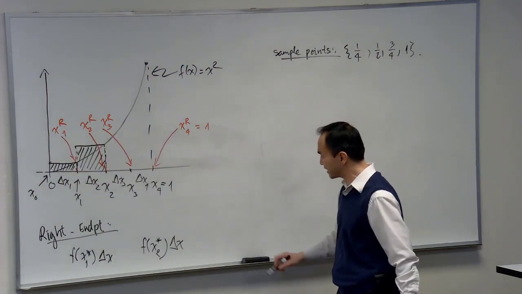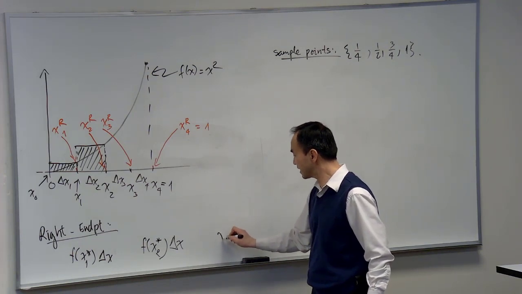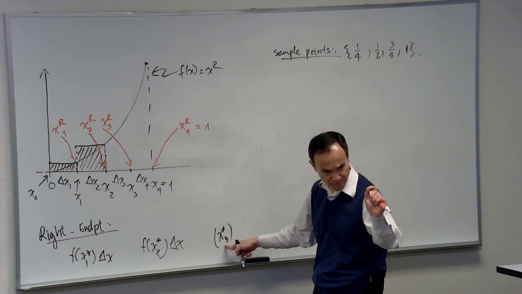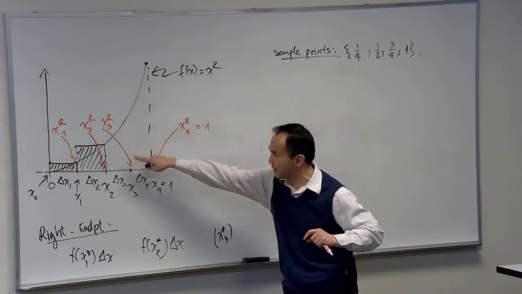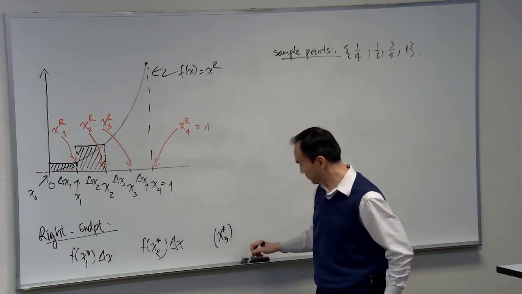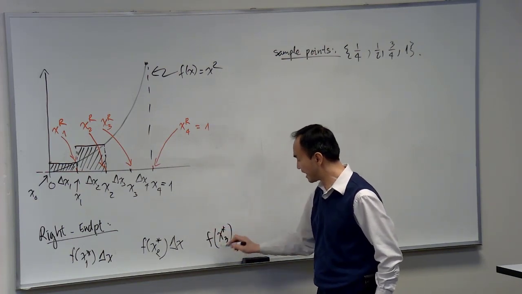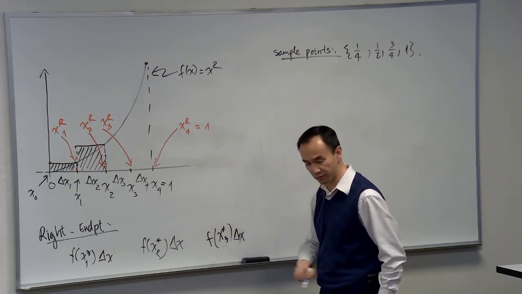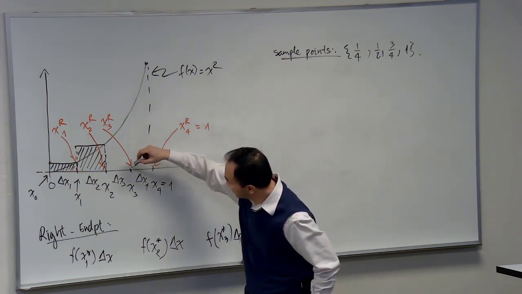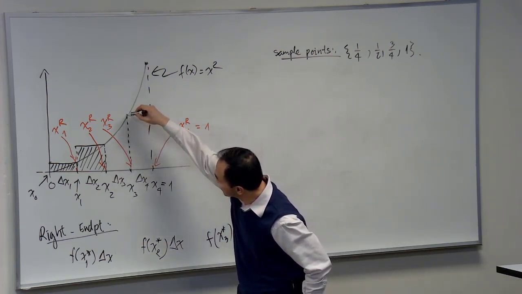And then on the third rectangle, again, x star 3. Keep in mind, it's already the right-hand point under our work right here. So we evaluate that with the function, and multiply that height with the delta x, the same width. The height this time is generated by this.